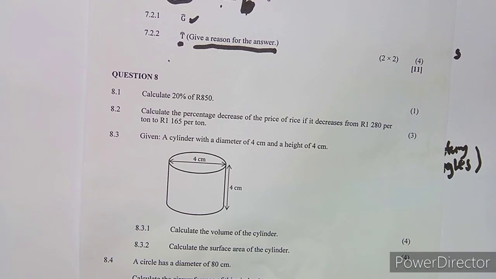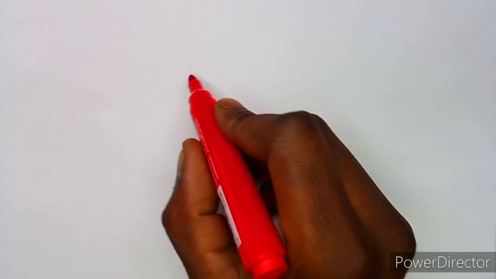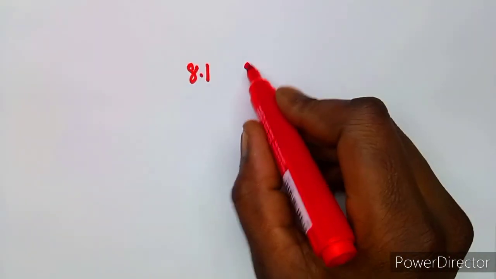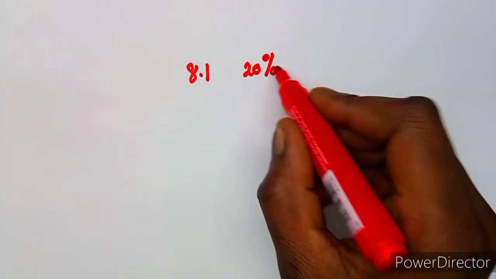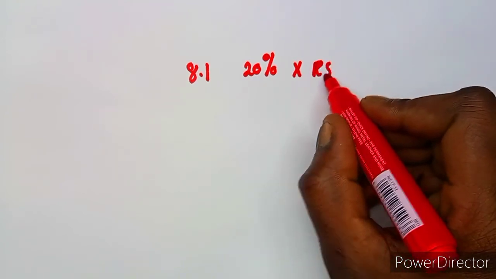On question number 8, we are now given: calculate 20% of 850 rand. Take note, guys, 20%. To find a percentage of a certain value, you multiply by 850 rand.